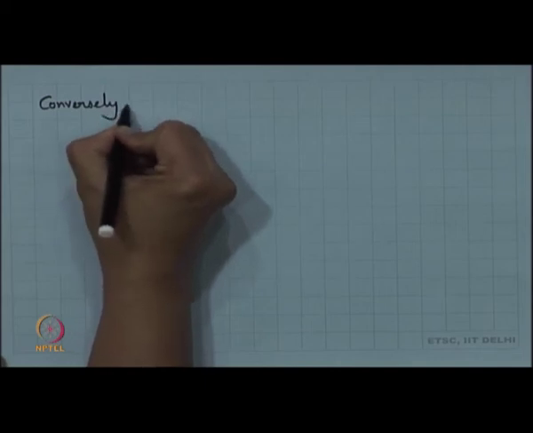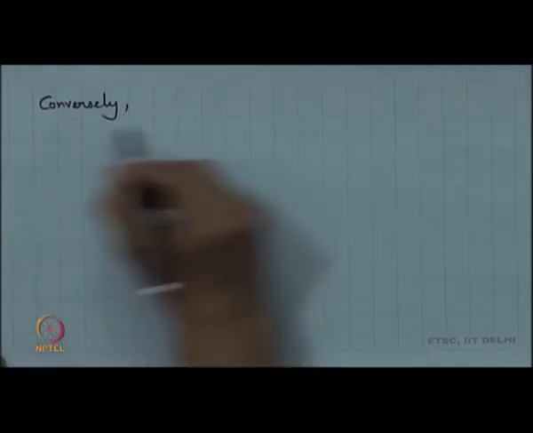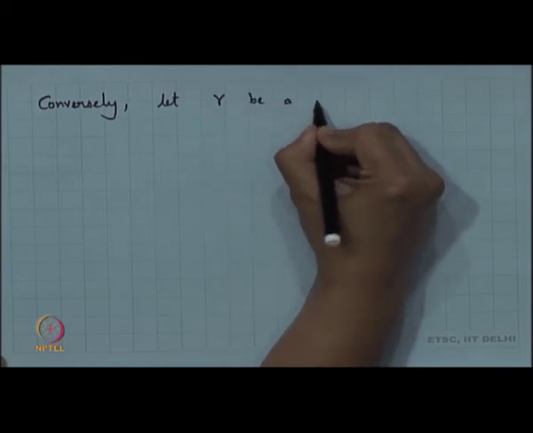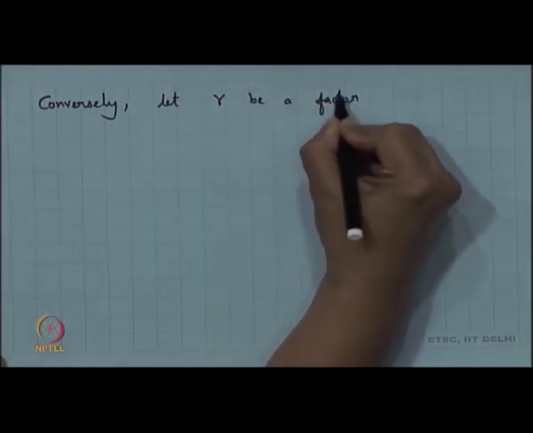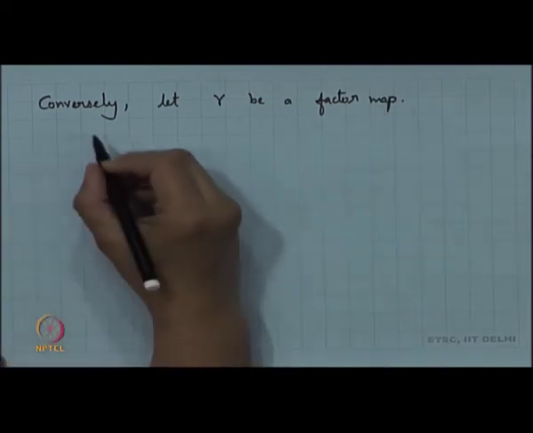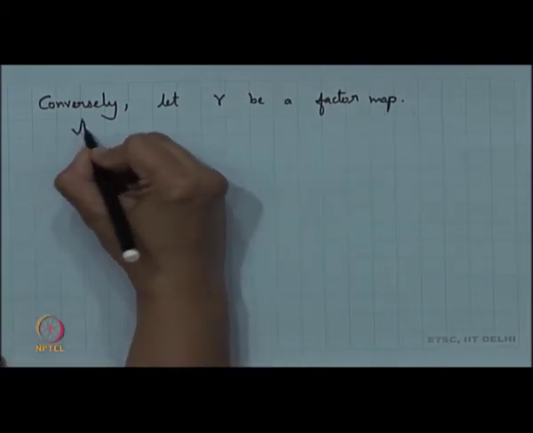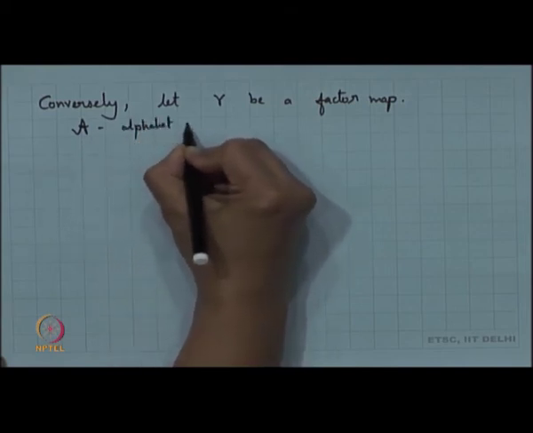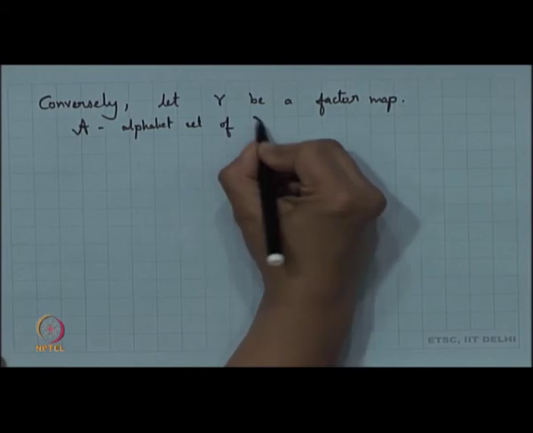So, what happens conversely? Conversely, let gamma be any factor map. Now, let me say that A is the alphabet set of x.